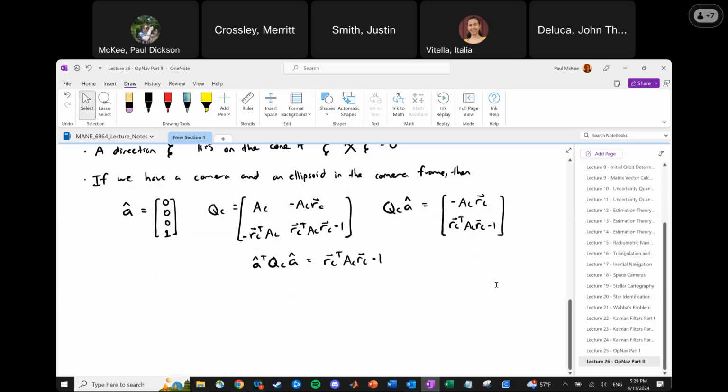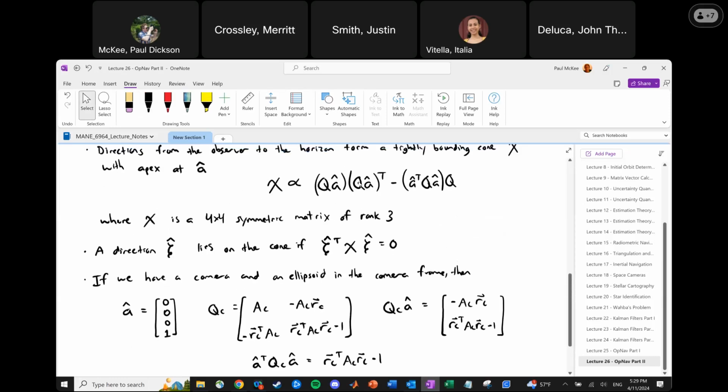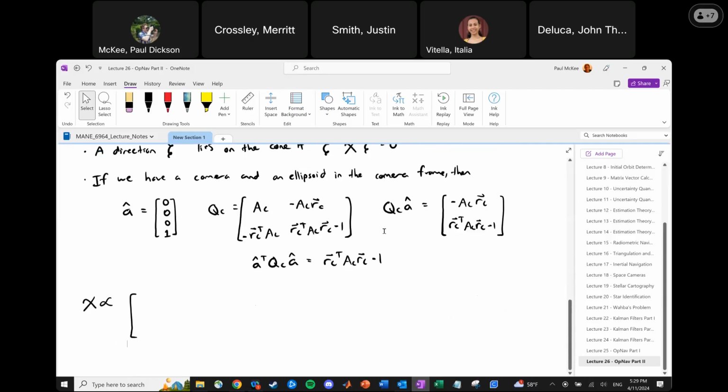So chi is proportional to, okay, remember, it's QA transpose minus A transpose QAQ. So we have to go work that all out, right? It's going to be AC RC, AC RC transpose minus AC RC, RC transpose AC RC minus 1.